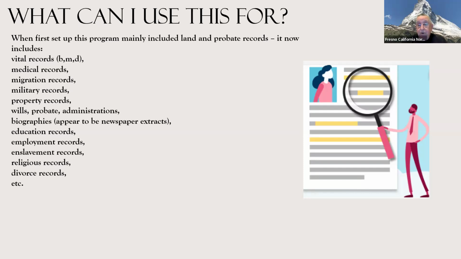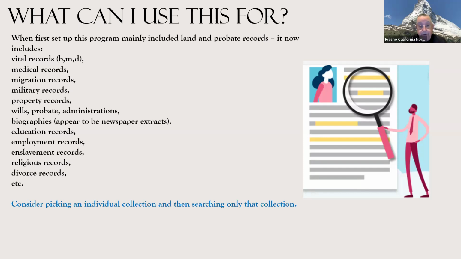This is going to become one of those things you're going to have to go to when you want to search FamilySearch, because as time goes on, I predict there'll be more records to be found in this program than there is over in the normal record search. This will become your primary record searcher.